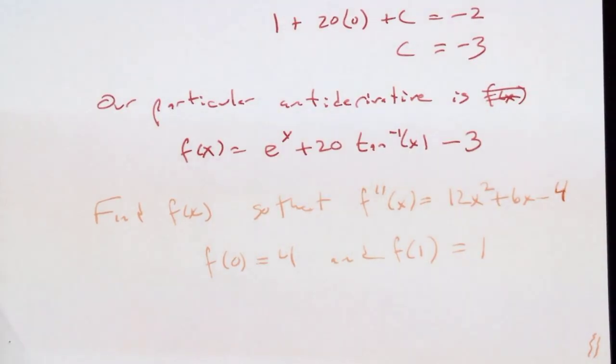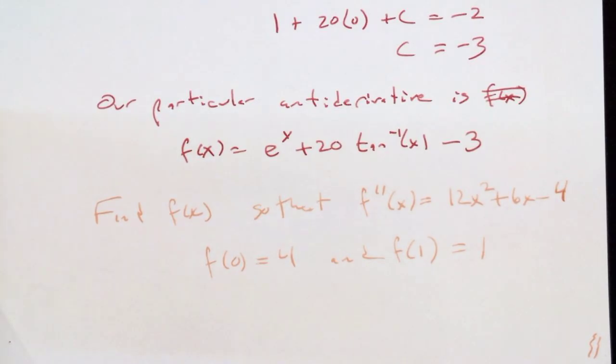It's a 4 on the end. I want to get from f double prime to f. I'm going to take this antiderivative process twice instead of once. When I do the antiderivative of f double prime, I'm going to get f prime.